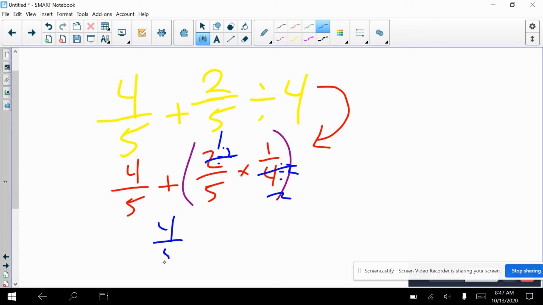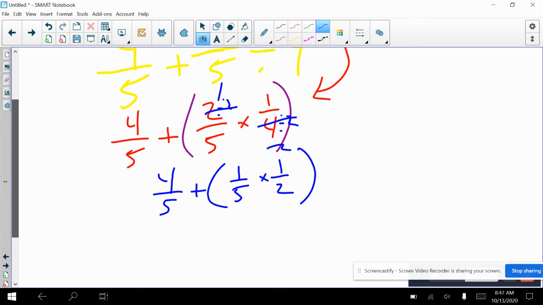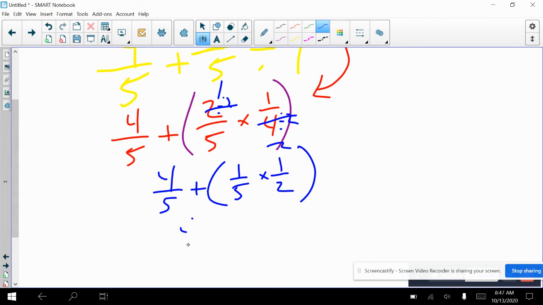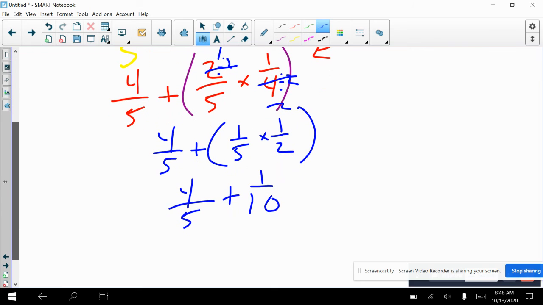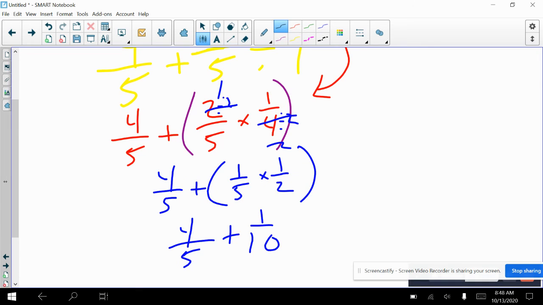So now our new problem looks like that. Now what do we got to do? Find a common denominator.